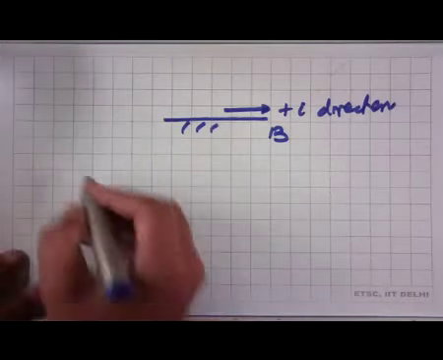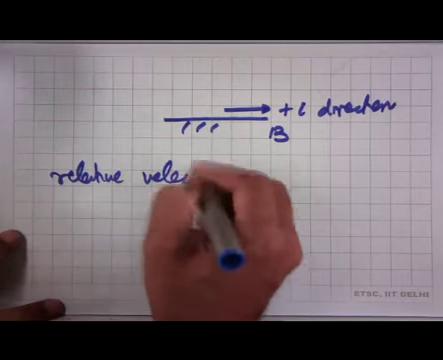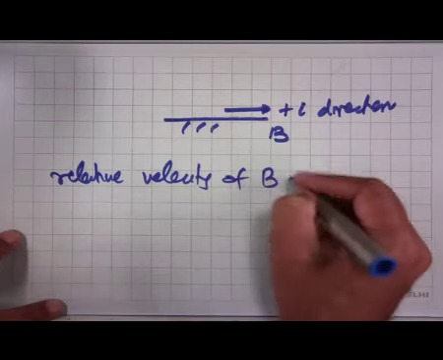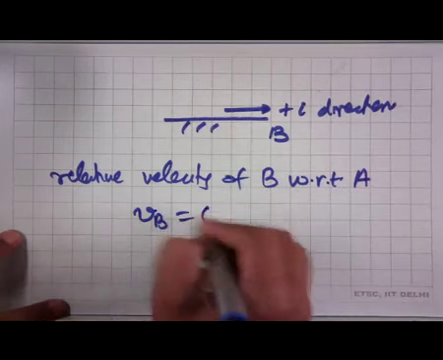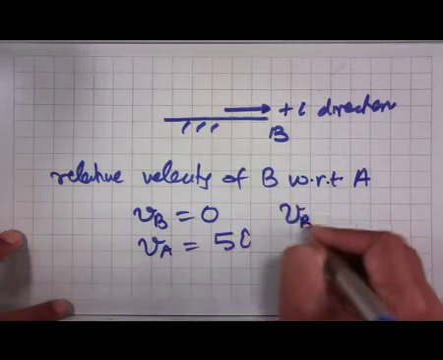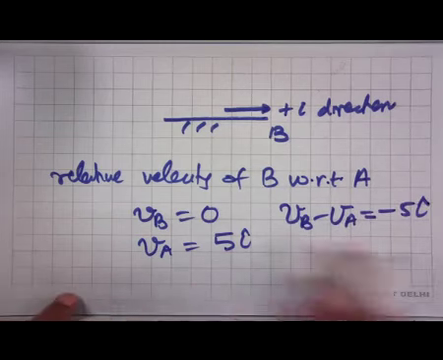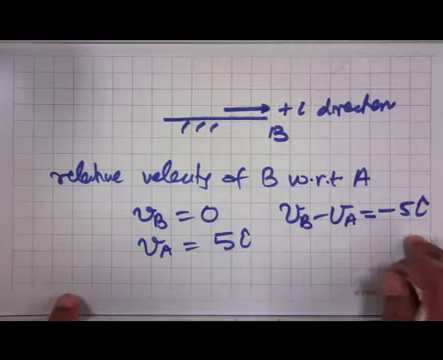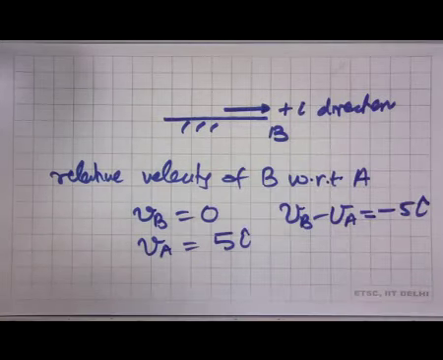Or the other way I can look at it is the relative velocity of B with respect to A. Now, VB is equal to 0, VA is equal to 5 i. So, VB minus VA is equal to minus 5 i. So, because this relative velocity is in the minus i direction, the force of friction on body B will be in the plus i direction.